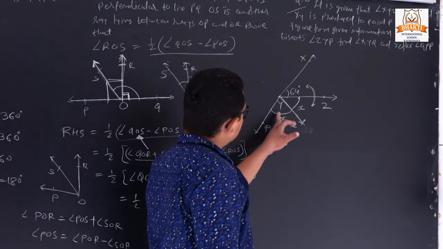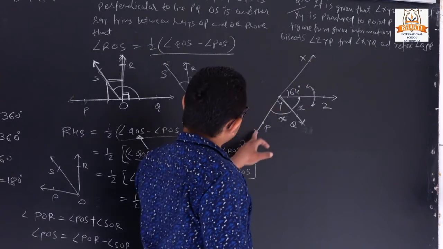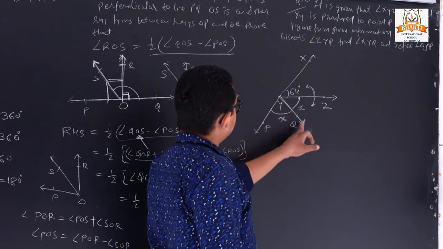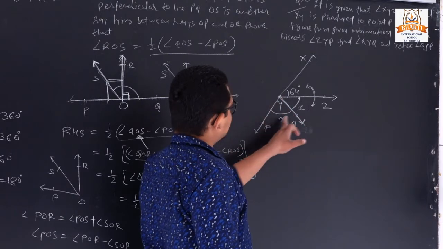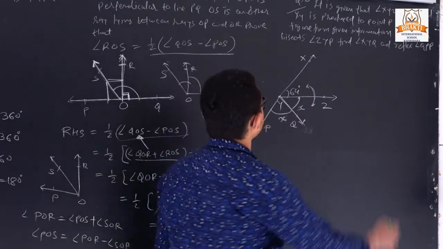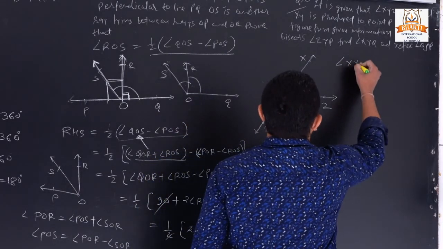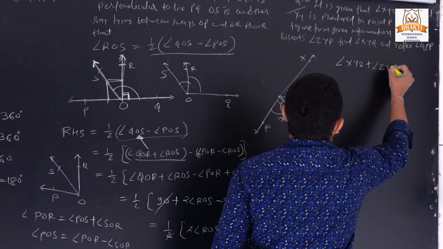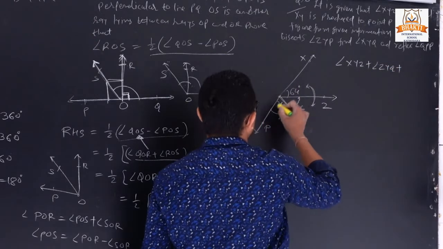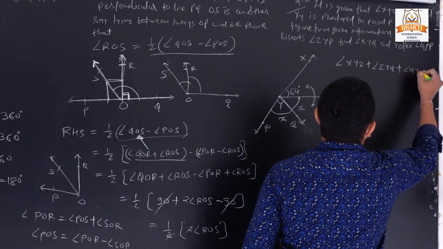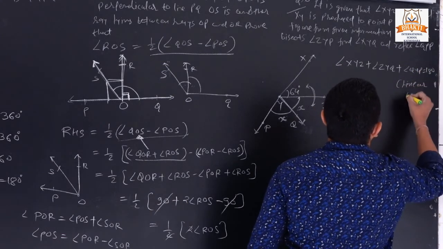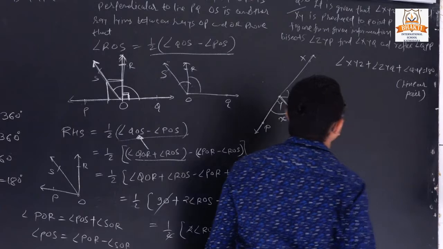So first of all, see that this is a linear pair: XYZ plus ZYQ plus QYP is equal to 180 degrees. In bracket what can we write? Linear pair.